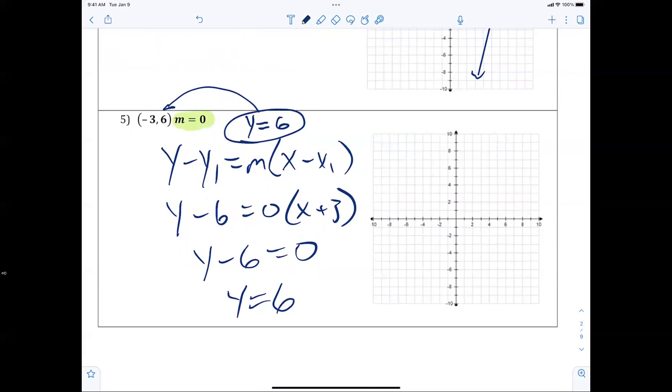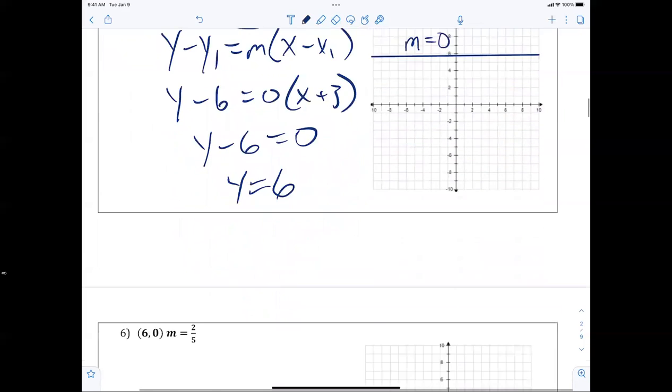You are amazing. So now we're going to y equals 6. So all you're doing is graphing a horizontal line at 6, guys. Because you know that that slope is what? 0. Everybody happy with that? Hopefully. Let's look at the next one.